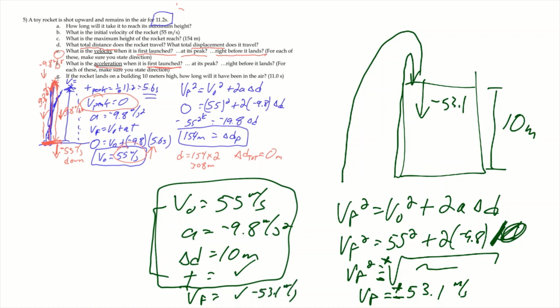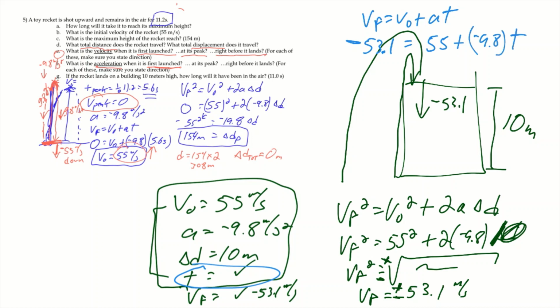All right, and then we just finish it up. So let's choose an equation that can get t. And this is actually the nicest equation, right? So we use this one, VF equals VO plus AT. Just remember, we're going to use the negative 53.1. And then this was positive 55 plus negative 9.8 times t.